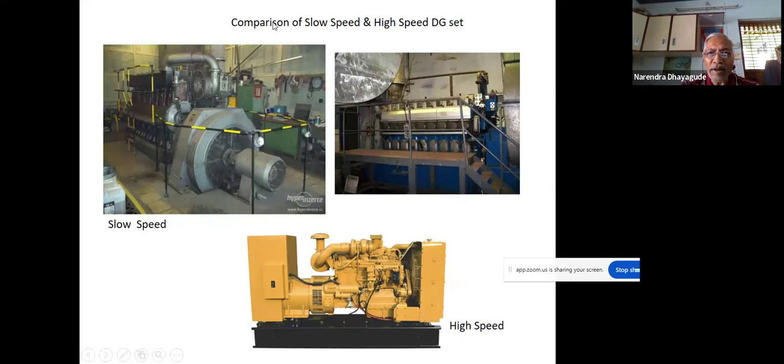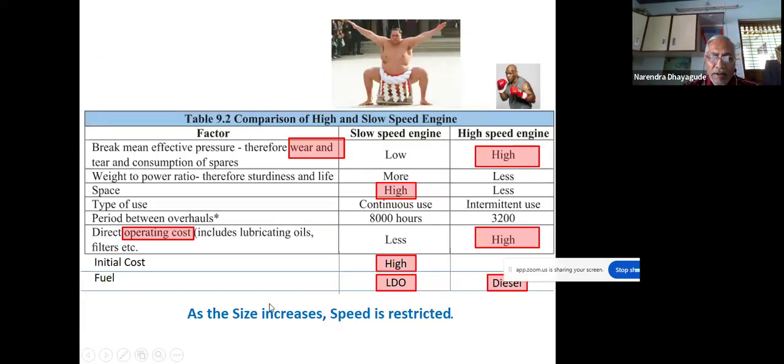So this is a comparison of slow speed and high speed engines. These are slow speed, and this is the high speed engine, that is 1500. So we have just a comparison: slow speed engine versus high speed engine.